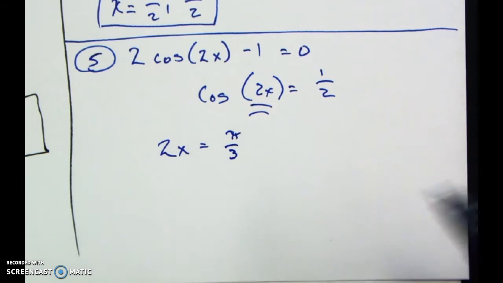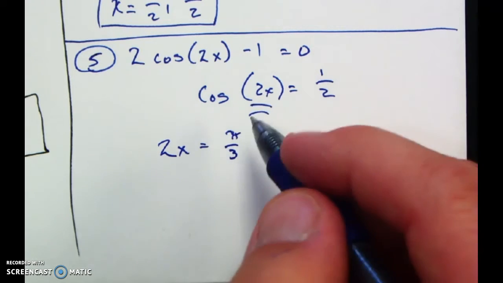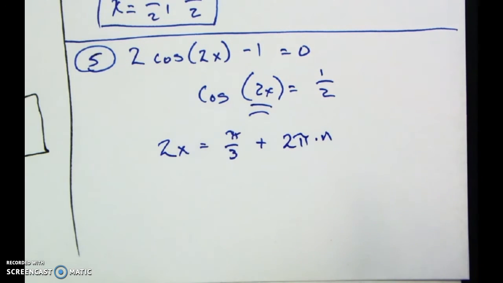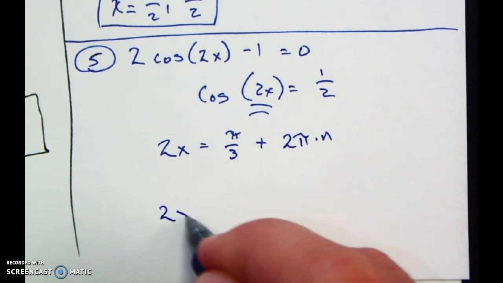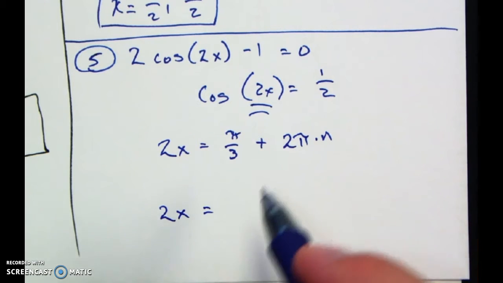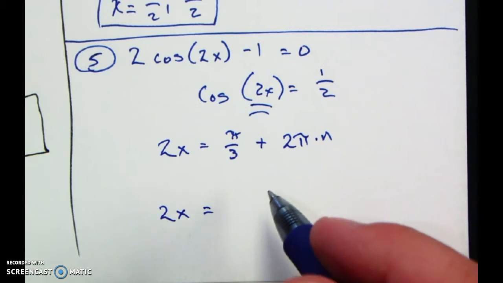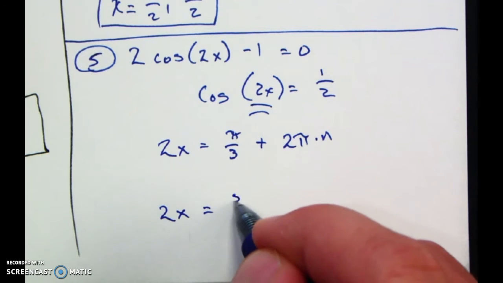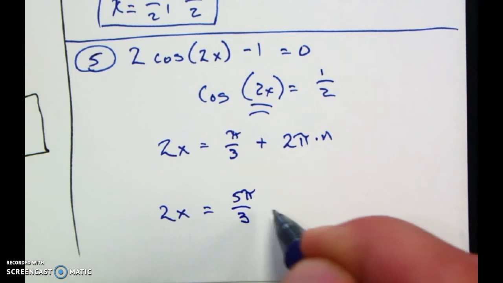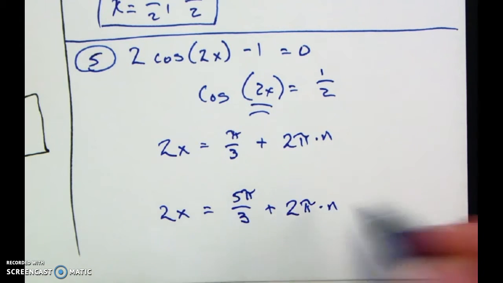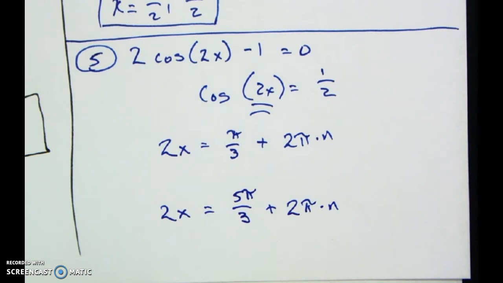So what we're saying here is that 2x is equal to that 1/2 value for cosine, which happens at pi over 3. So if we're talking about all the solutions, we could again add our 2 pi times n. We could also then, because we have another spot on the unit circle where cosine is equal to 1/2, and that would happen at 5 pi over 3. And again, every single time we take a lap, that would still be another solution.